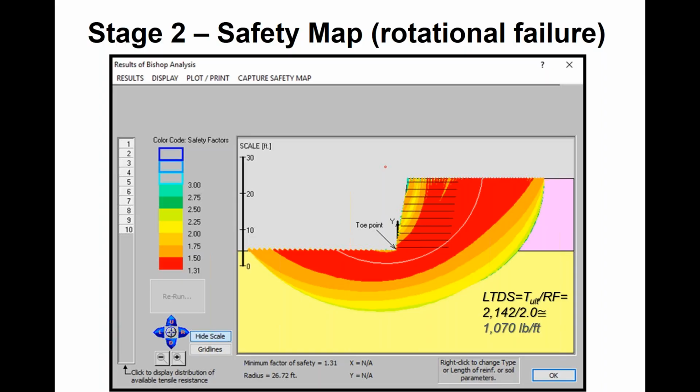So here is a global stability analysis, and we see, using a safety map, that for our long-term design strength of 1,070 pounds per foot, using the reduction factors, our minimum factor of safety is 1.31. That's greater than 1.3, so we feel pretty good about that. Note that the critical failure mechanism barely straddles the bottom reinforcement layers, and if we were to lengthen the reinforcements, most definitely the factor of safety would increase.